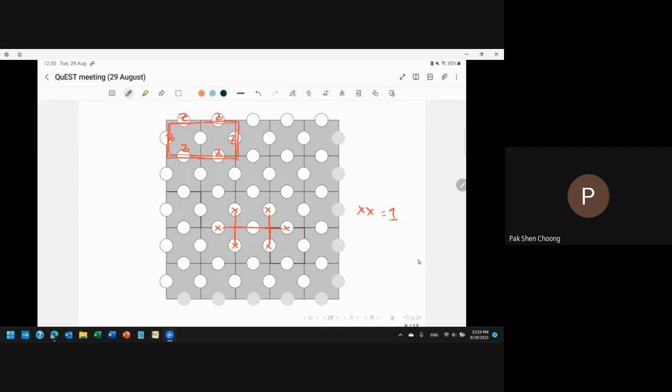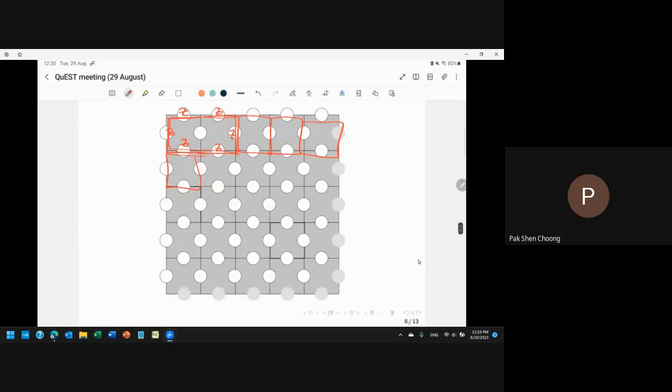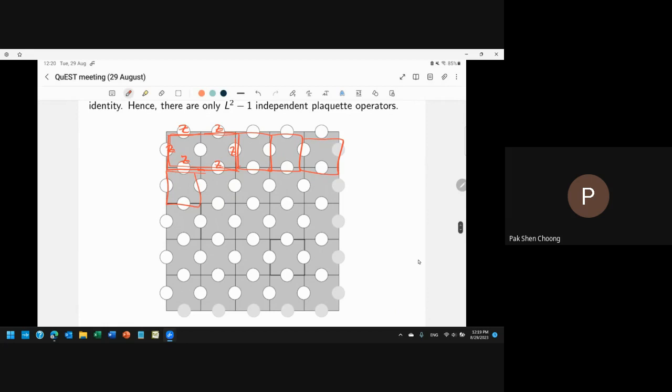Okay. So then we can start studying how many qubits we encode in this kind of system by multiplying all the plaquettes together. Eventually we will cover the whole lattice, right? Let's say over here you have L times L. So how many plaquette operators? Basically you have L squared, right?